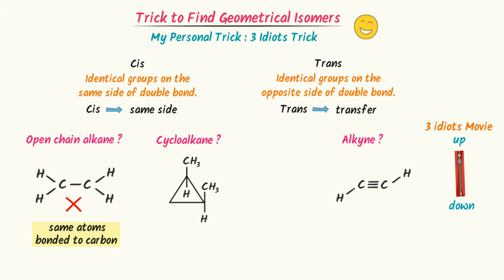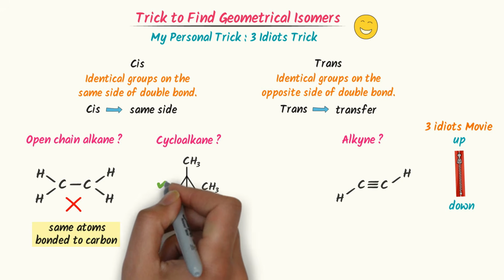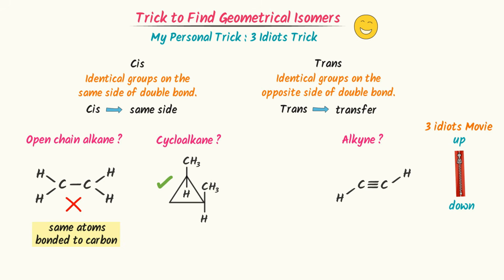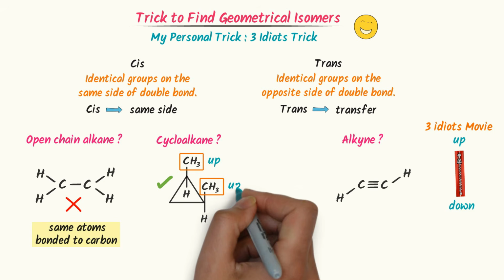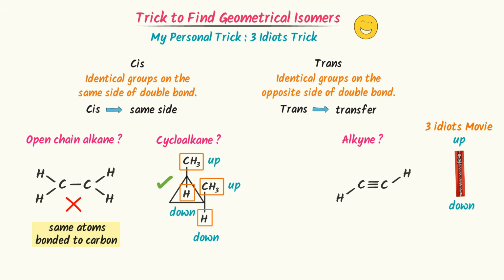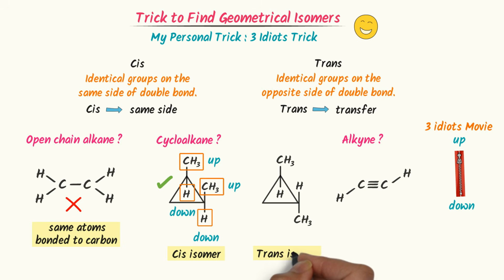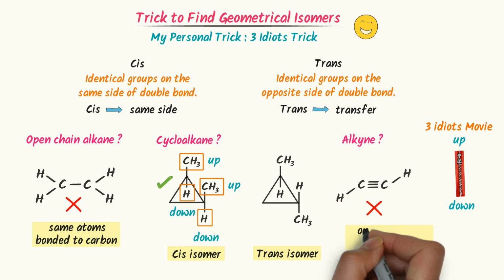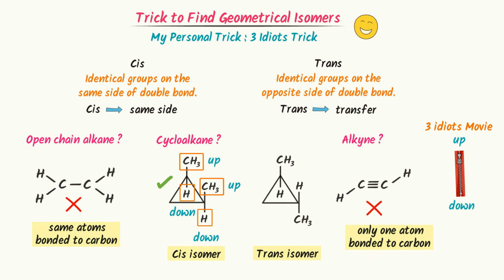In cycloalkane, geometrical isomerism is possible. For instance, this methyl and this methyl are up, while this hydrogen and this hydrogen are down. We use the trick up and down. I get this compound. So this is the cis isomer and this is the trans isomer. In alkyne, geometrical isomerism is not possible because only one atom is bonded to carbon.